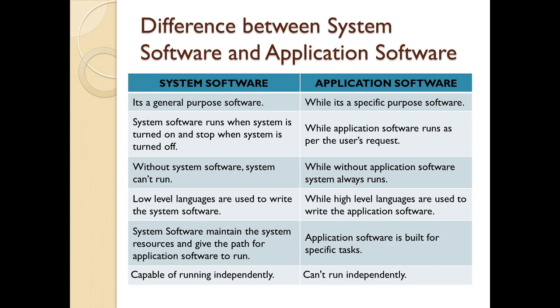Low level languages are used to write system software, while high level languages are used to write application software. System software maintains the system resources and gives the platform for application software to run. Application software is built for specific tasks. System software is capable of running independently, application software cannot run independently.